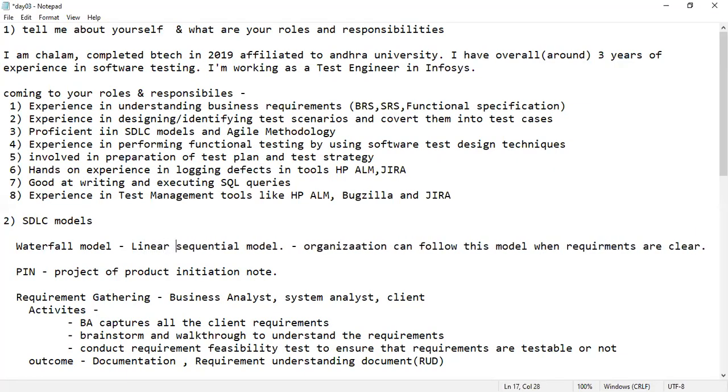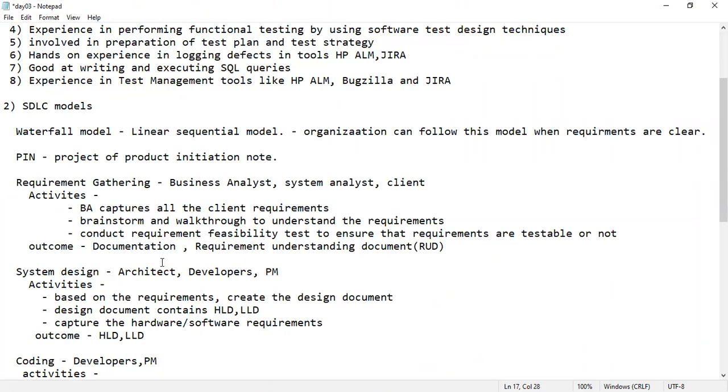Have you understood this concept, or any clarifications? Because you are very new to this, right? It will take some time to understand this terminology. But overall, just try to understand the terms which we are using during this course.